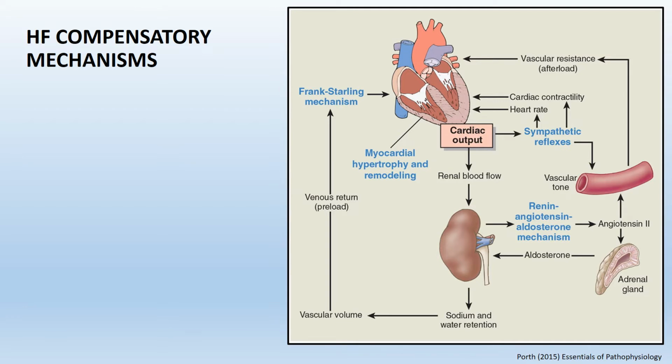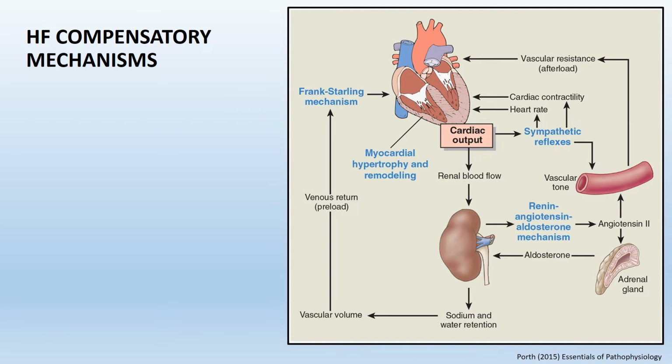That causes the adrenal glands to secrete aldosterone, which I know you remember results in sodium and water retention. These are all problematic in heart failure due to requiring an increased workload.